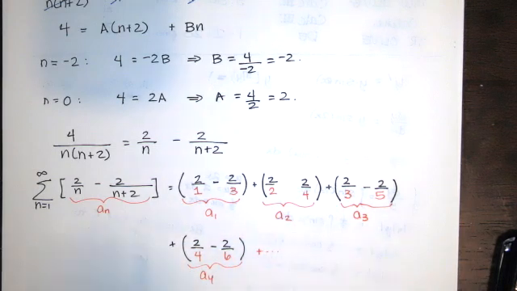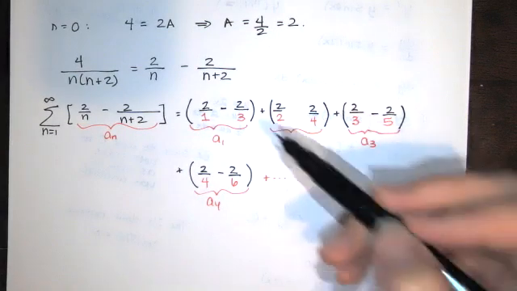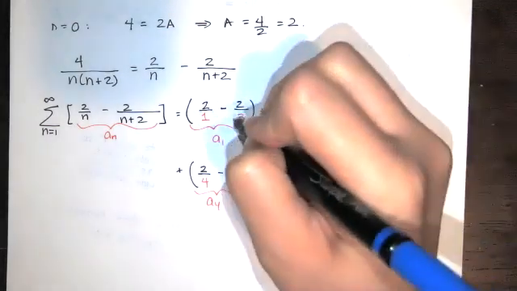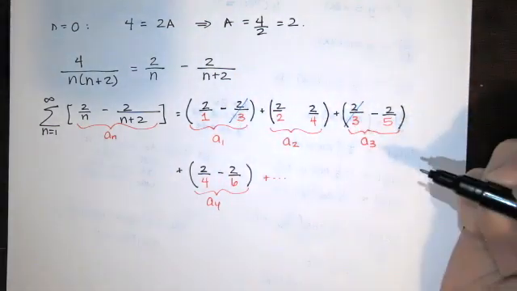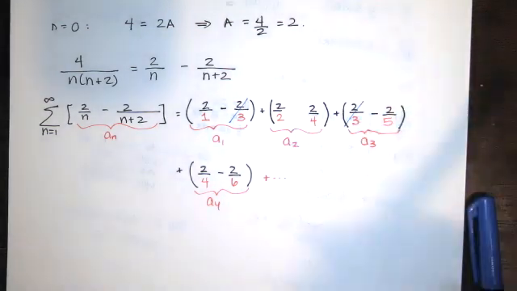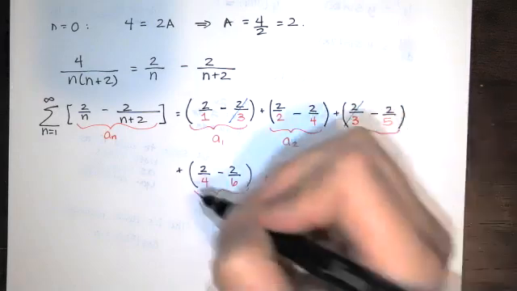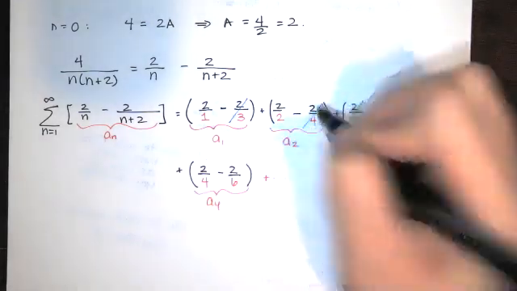And you keep going forever. Now this is what I was talking about with the cancellations. Notice that we've got a negative 2/3 here and a positive 2/3 there, so those are gone. And notice that we have a negative 2 over 4 here and a positive 2 over 4 there. Those are gone.